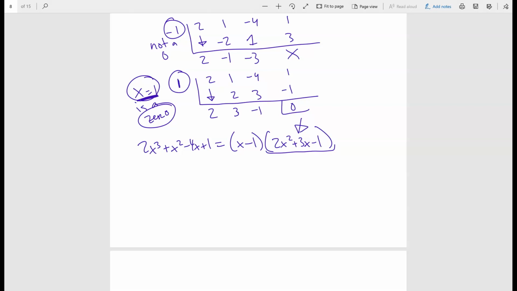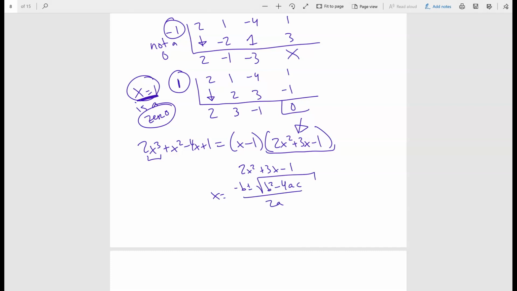So you can see that the higher that this power is, the more tedious this thing is going to be. So if you are having trouble trying to factor this, one thing that you can do is you can use the quadratic formula, because it's a square. So you can always just use the quadratic formula to try to figure out all of the rest of the zeros. Okay.